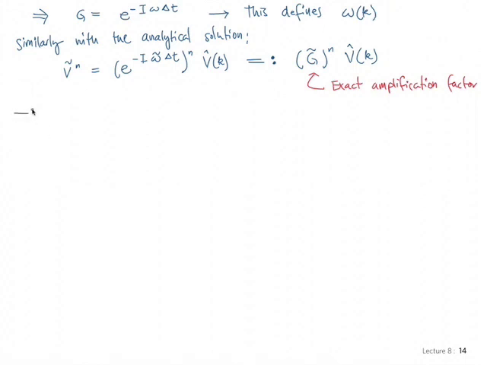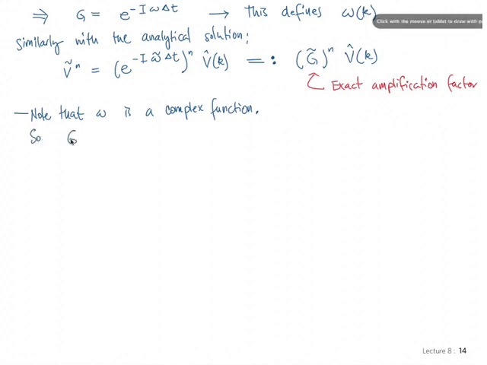But now note that omega is a complex function. So G is equal to the modulus of G times e to the minus I phi, where phi is some phase angle.